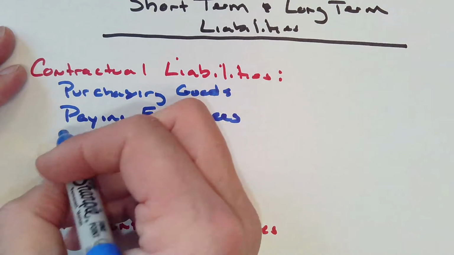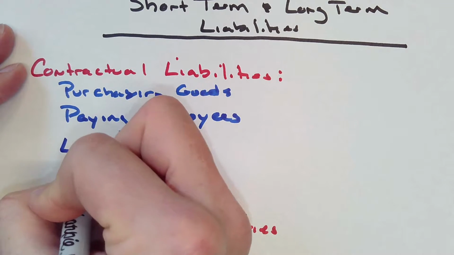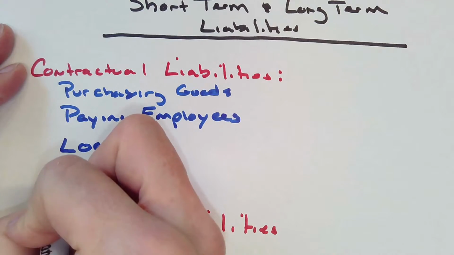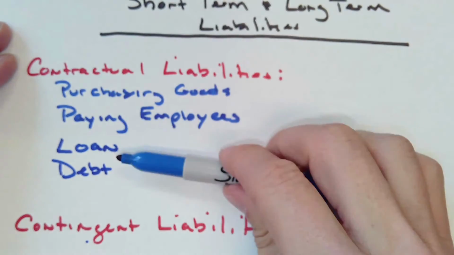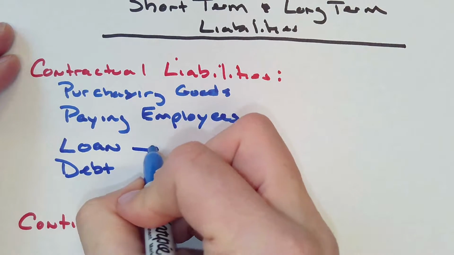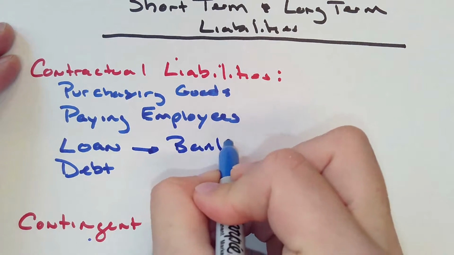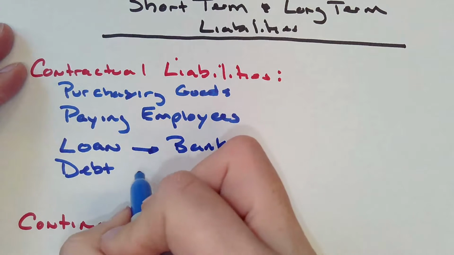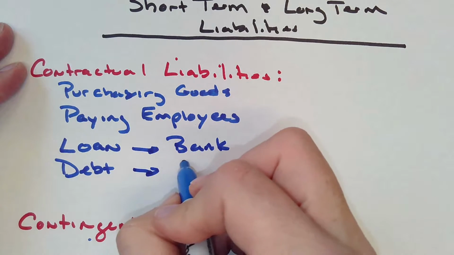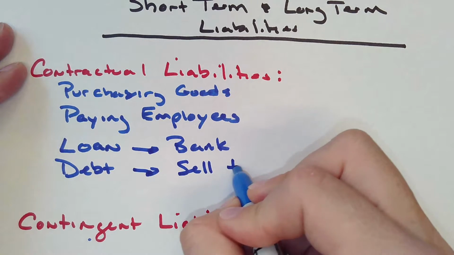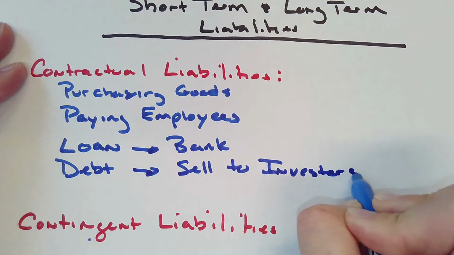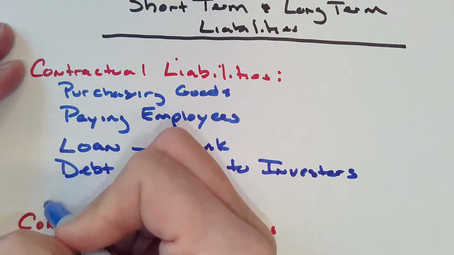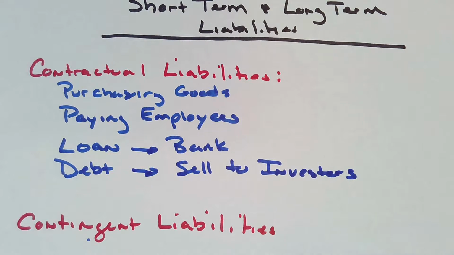For example, if we enter into a loan or we issue debt. And I look at those things as two separate, right? The loan, I'm going to go to the bank and get the loan. The debt, I'm going to sell to investors. Loan and debt are interchangeable, they're both debts.